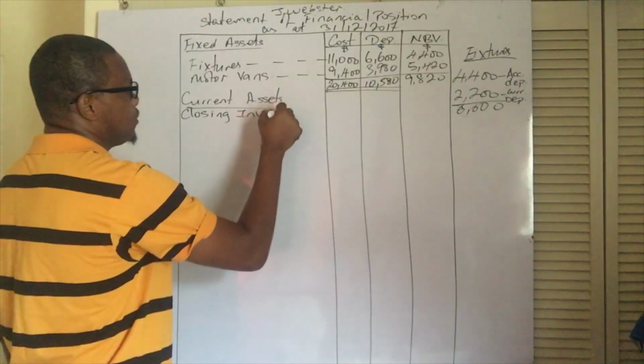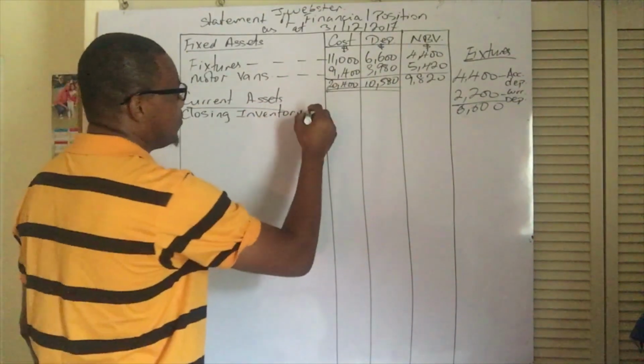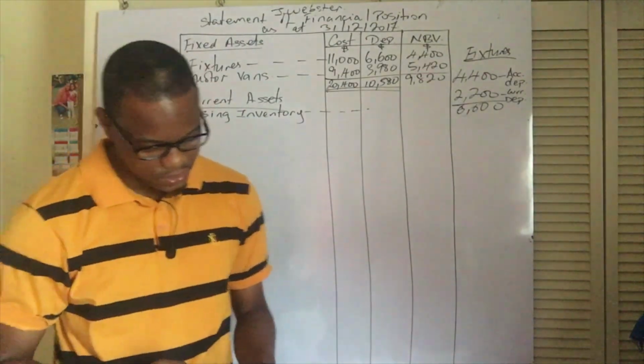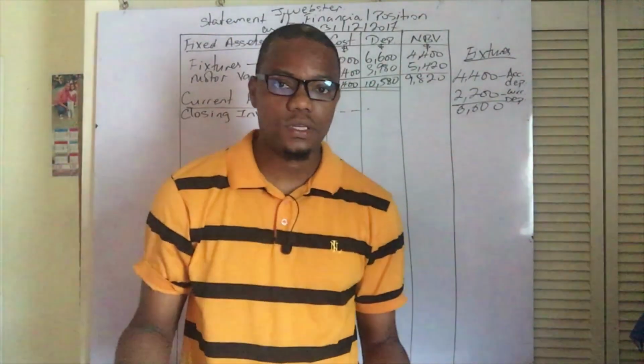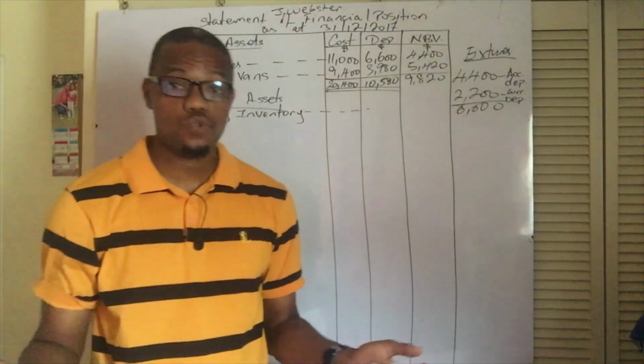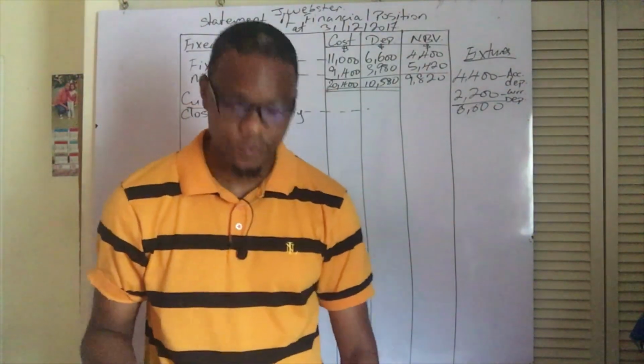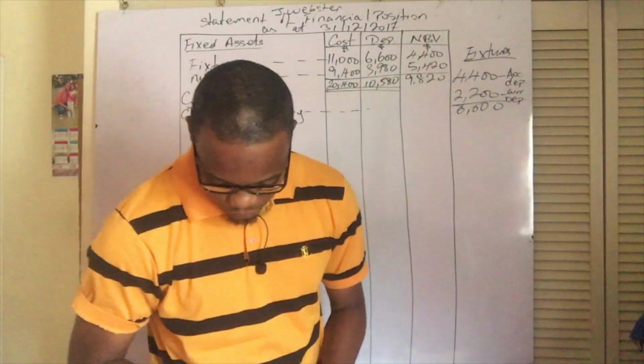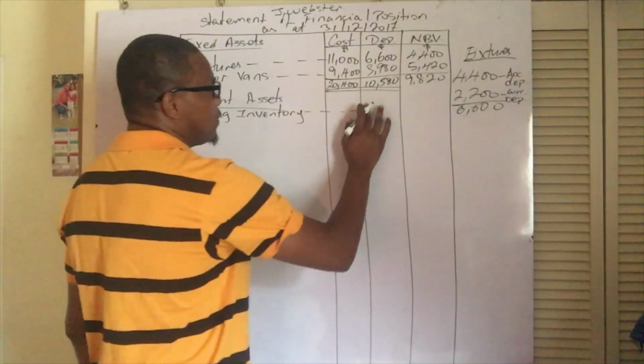If you write closing stock, not a problem, it depends on your preference, unless it is asked of you on the question paper to use the new terms. Then you can use the old terms for those persons who are used to the old terms. All right, so the closing inventory is what? 36,530.